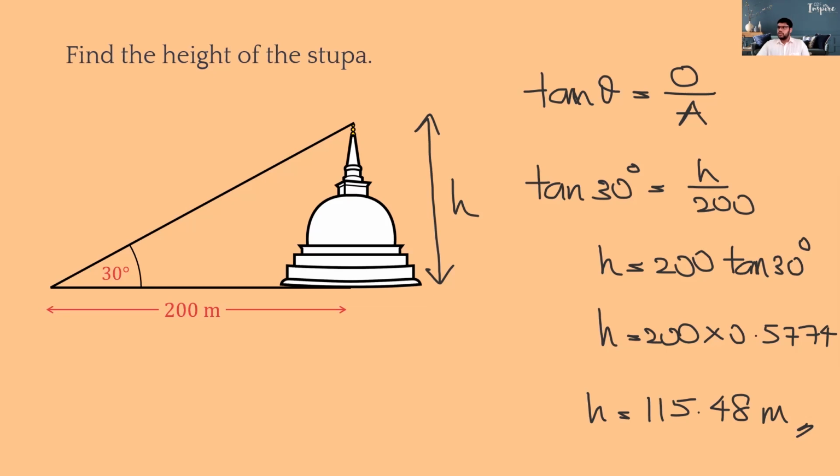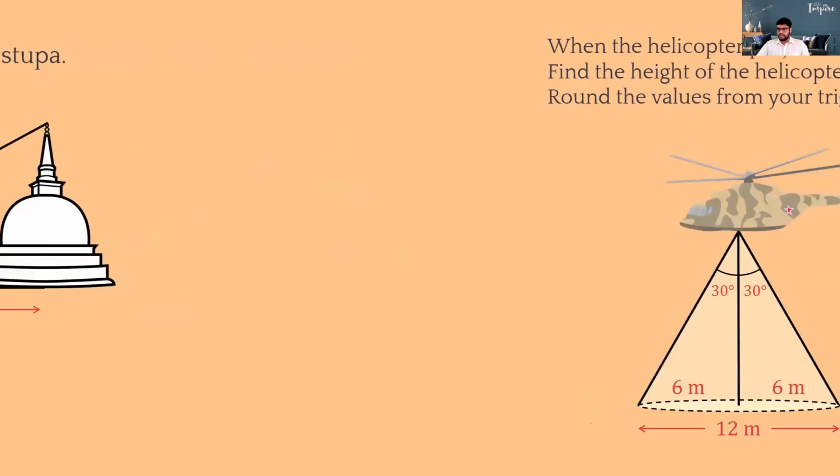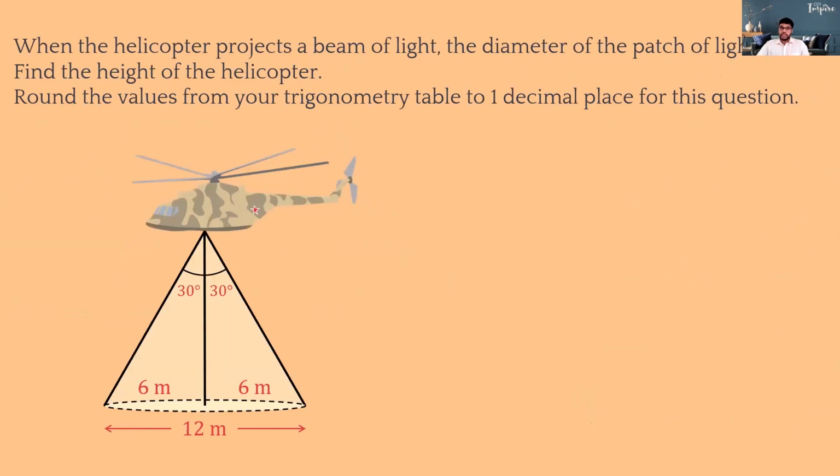So children, we'll move on to the next question. The next question is this one. Read the question properly, do it, and send me the answer with a private message. Children, when you're doing this question, you will face one point where you have to divide.